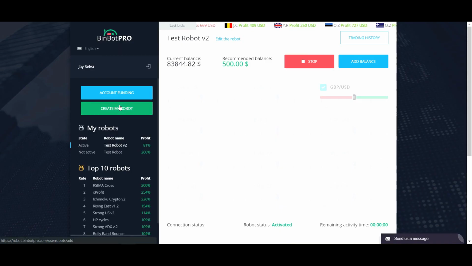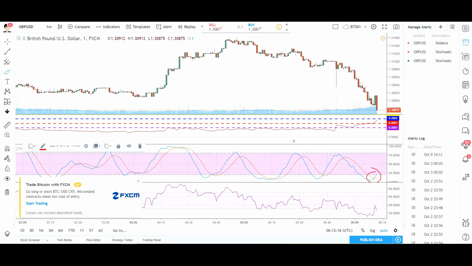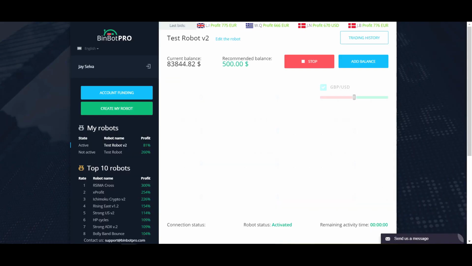Let me check. I think it hasn't turned on a trade yet. Anyway, oh, there's a huge red candle. Hopefully the Binbot Pro is going to decide to do a put trade, because I think it is going to be a trend continuation trade instead of a call trade. Let me check.